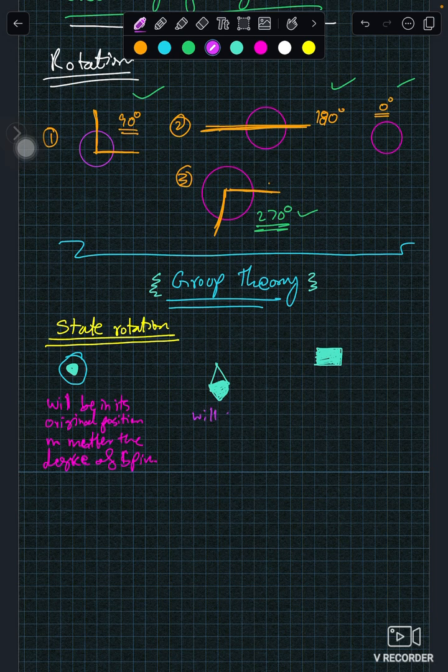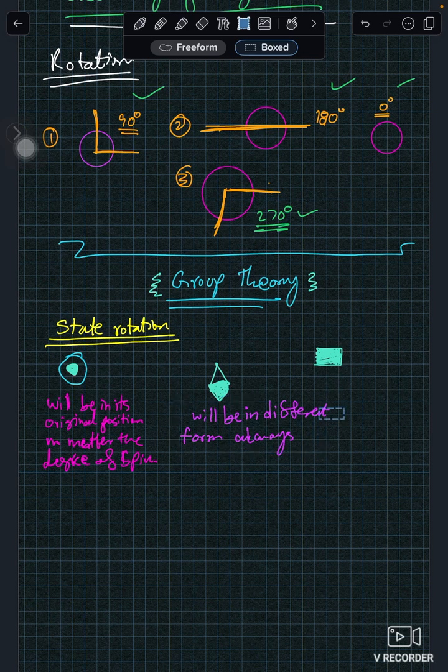It will not be in its original position for now, it will be in a different form.